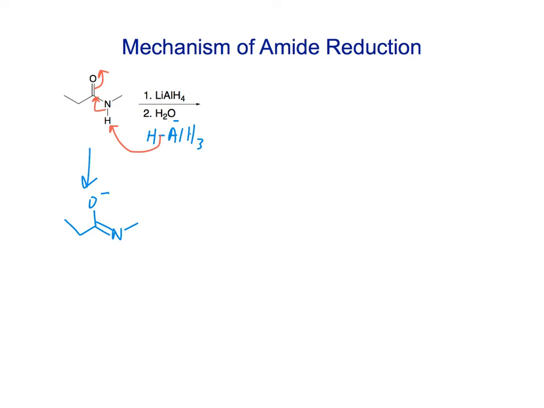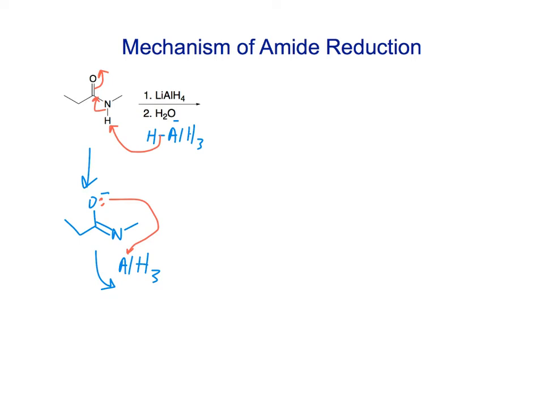Okay, we have an O minus, like when we had that carboxylate anion, and so this is going to react with the aluminum that has 3 hydrogens on it. Right, this is a neutral one. And so this is just a Lewis acid, Lewis base step. Which piece of this is the Lewis acid?